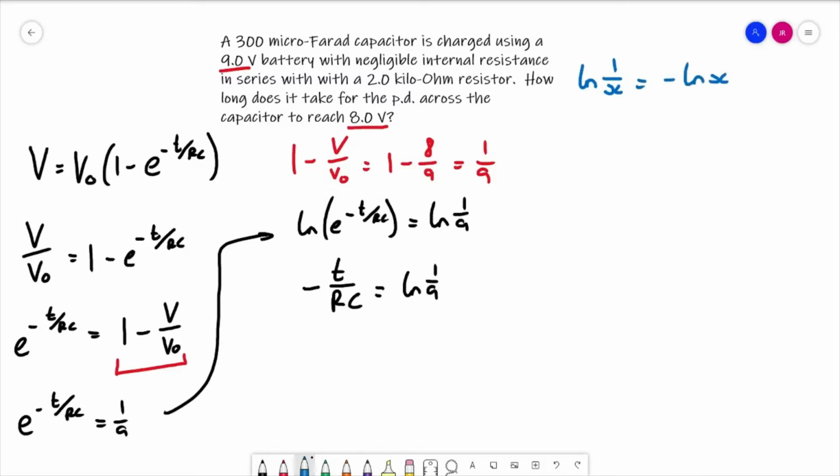Now where that comes from, 1 over x we can obviously write as x to the minus 1, and then that power ends up coming down to the front. So what you've got in effect is minus 1 as the power times natural log of x, and that's obviously therefore the negative of the natural log of x.